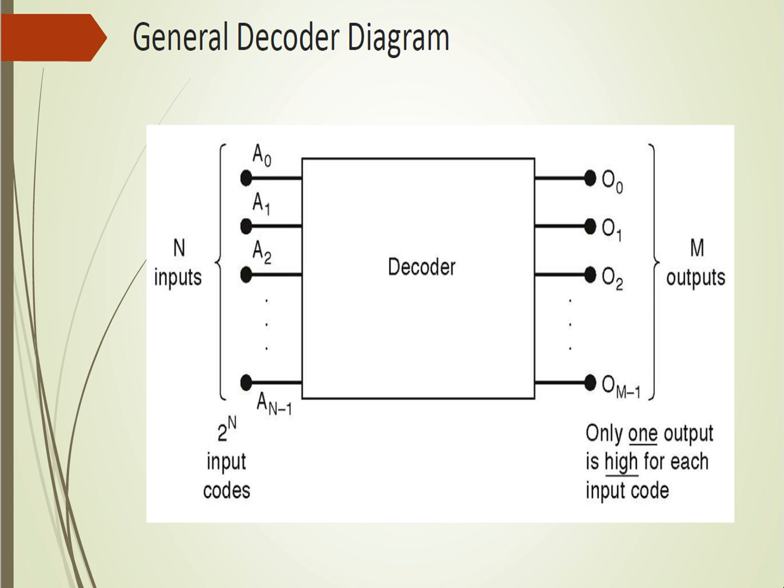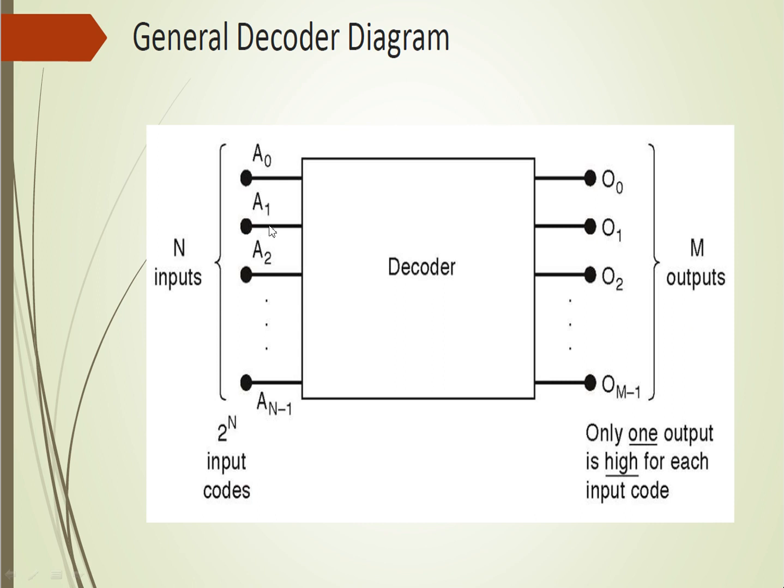This is the general decoder diagram. As you can see here, A0, A1, A2 till An minus 1, these are the n different inputs, and O0, O1, O2 till Om minus 1, so m different outputs.